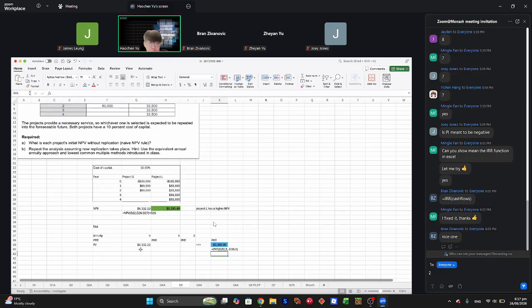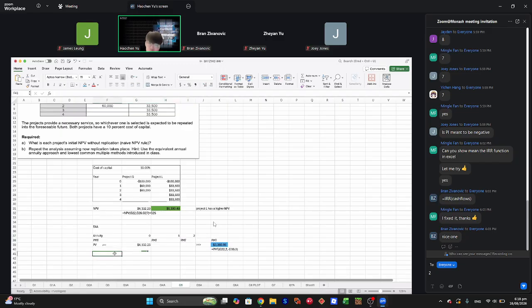And this 4,000 is the same as the present value of project S, which means I just converted project S into one annuity, and for this annuity the PMT is 2,380. It means we convert the NPV to something like an annual payment. The annual payment of project S is 2,380.